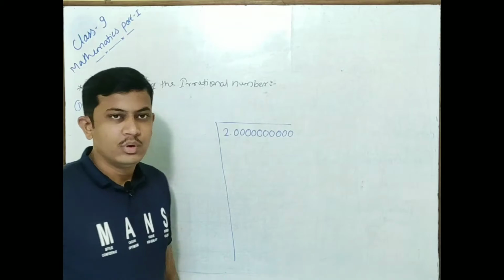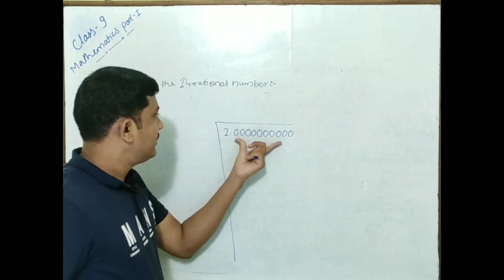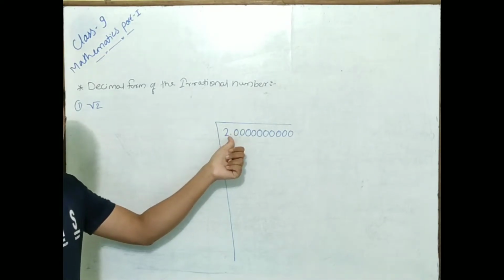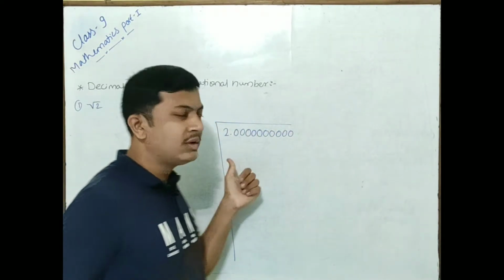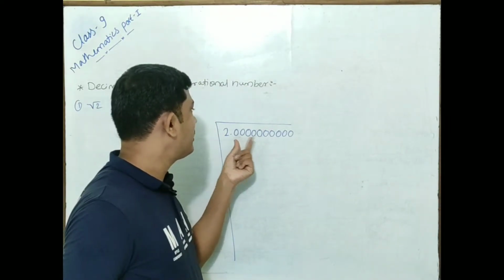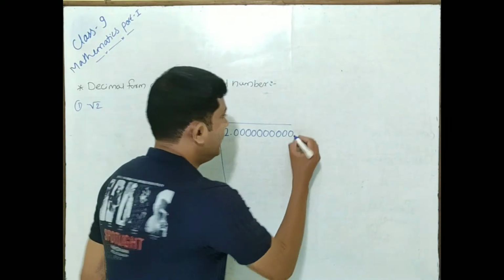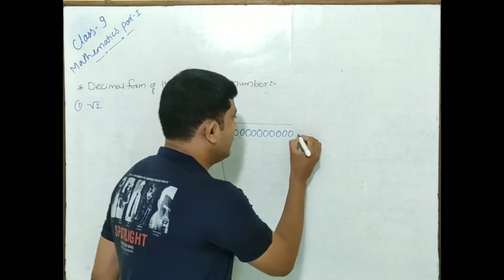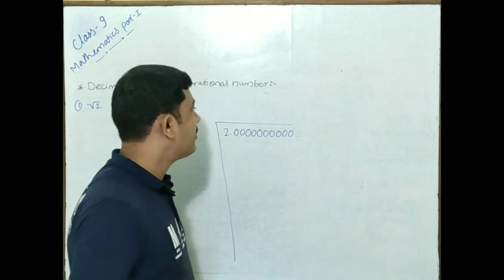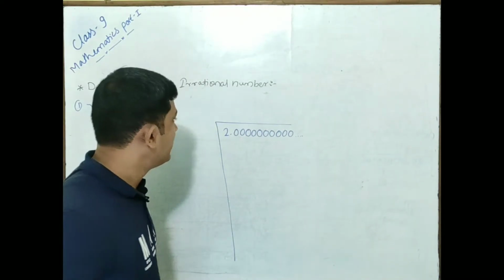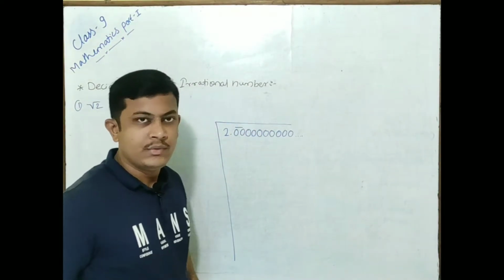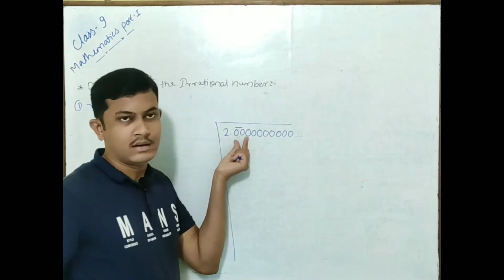One thing we have to do: we are finding the decimal form of the irrational number root 2, so we take 2 and represent it in the form of a non-terminating recurring decimal. Here 2 non-terminating recurring means the zeros are never ending and the same digit keeps repeating, that is 0 0 0 0. So it is in the form of non-terminating recurring. After the decimal point, we have to represent the zeros in pairs.